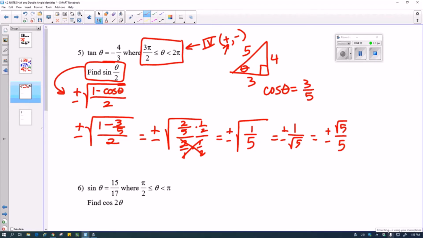because I am cutting the angle in half, and I'm going to land somewhere I don't know. I need to decide whether it's positive or negative. So I'll take that 3 pi over 2 less than or equal to theta less than 2 pi, and I'll cut everything in half. That gives me 3 pi over 4 is less than or equal to theta over 2, which is less than or equal to pi.